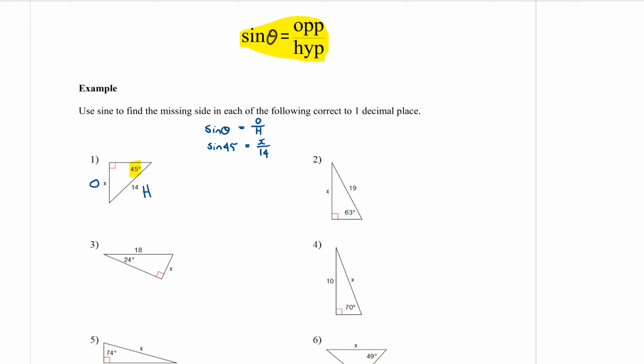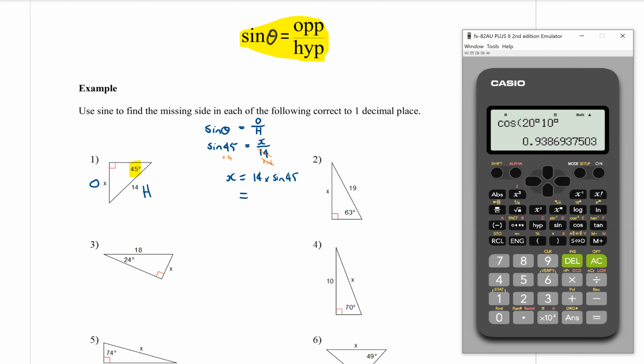Now, if we were doing equations, we would do a little times by 14 on both sides to get rid of that. And that means that x is by itself, and you would get 14 times sine 45. Okay, so you'll probably find you won't write those little orange bits, the times 14 underneath. You'll go straight to this next line here.